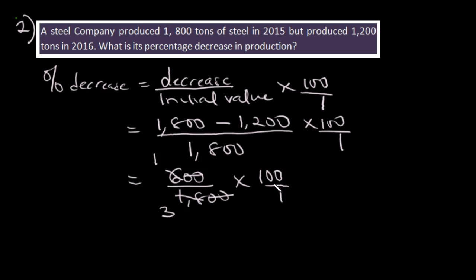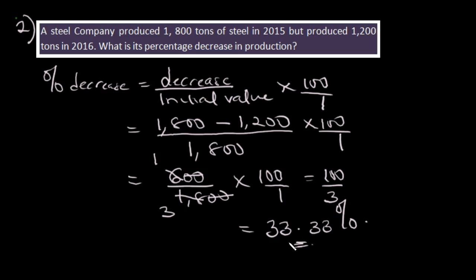So we have 1 multiplied by 100 is 100 over 3. And 100 over 3 will give us 33.33%. Always leave your answers in 2 decimal places unless it's otherwise stated.